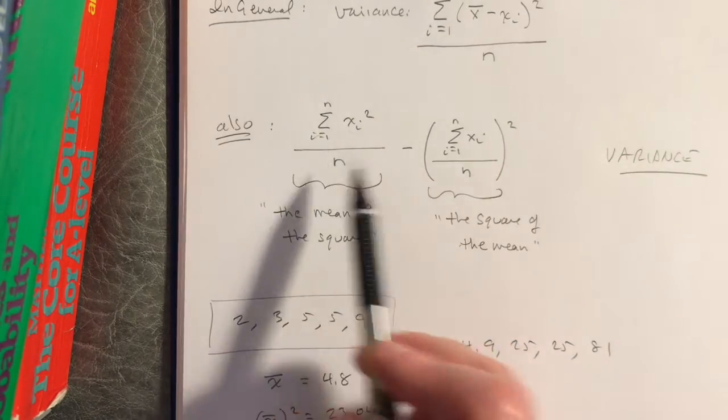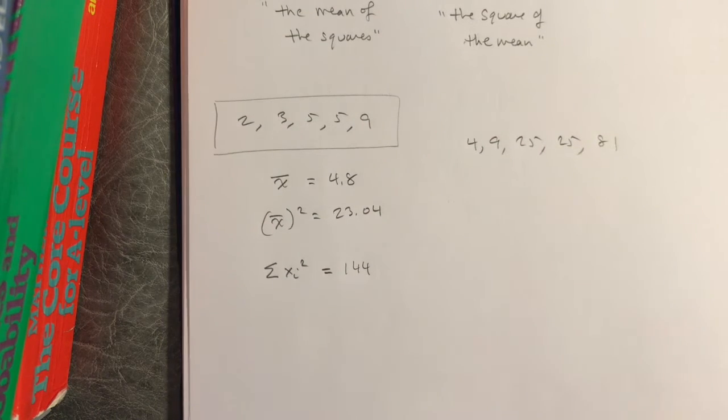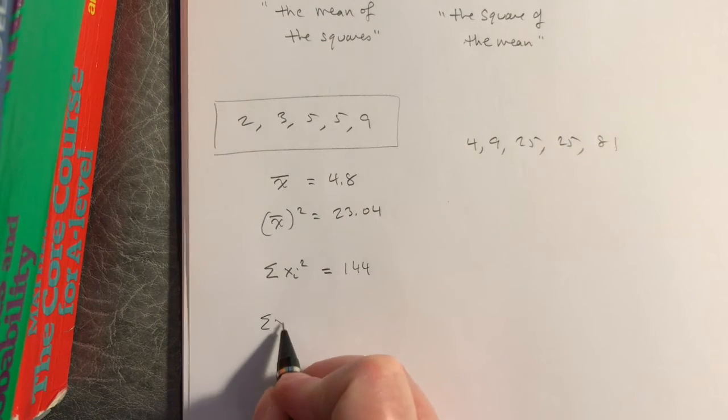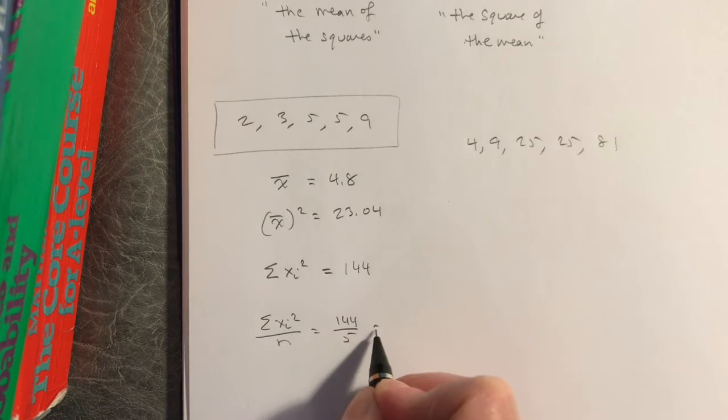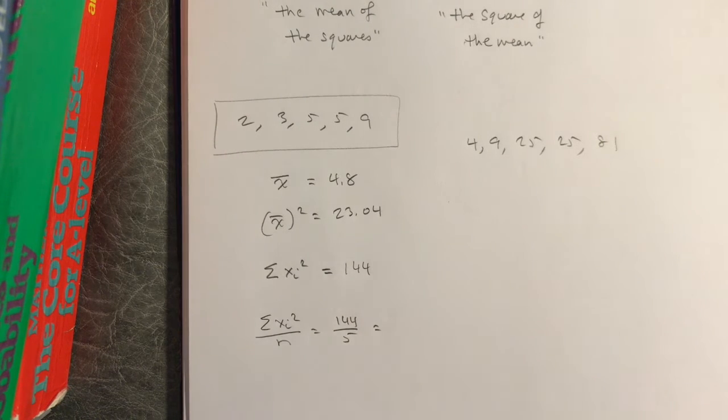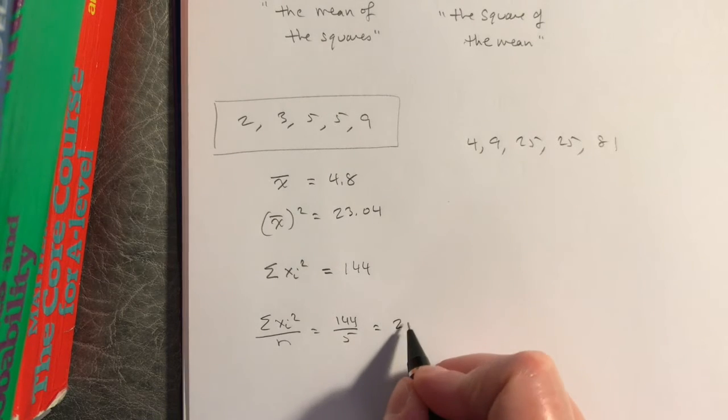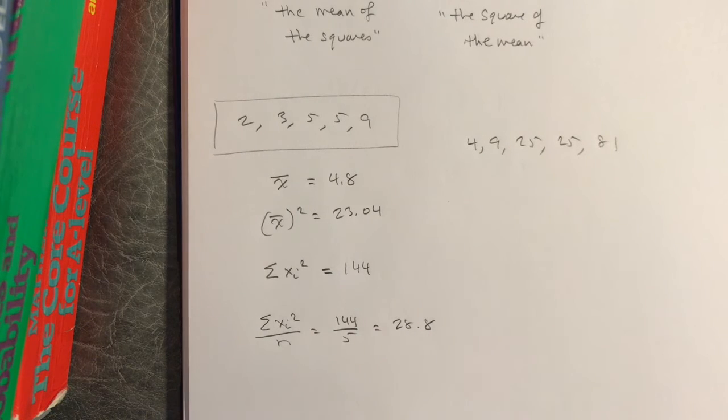But I need to divide that number by n, so that's the average of the squares, the mean of the squares if you like. So 144 divided by 5 will give you 28.8. I hope you're doing this along with me.